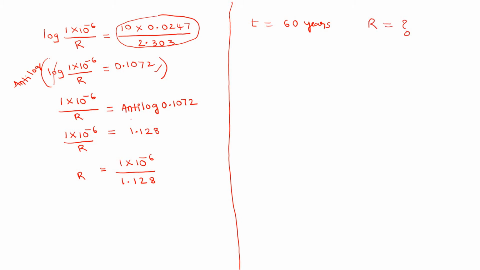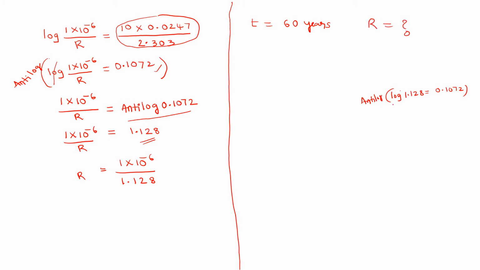So how did you get anti-log of 0.1072 as 1.128? Very simple. If you take log of 1.128 and calculate, you are going to get 0.1072. Now take anti-log here.